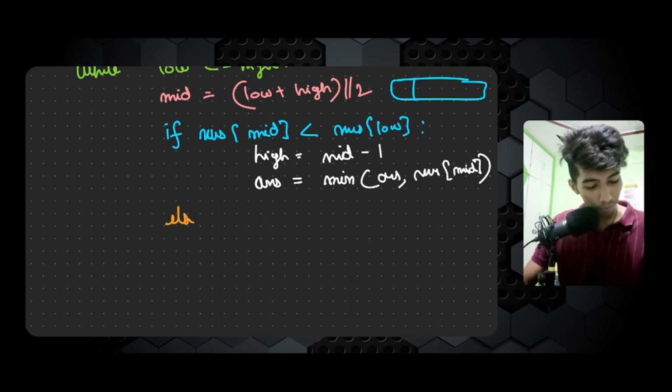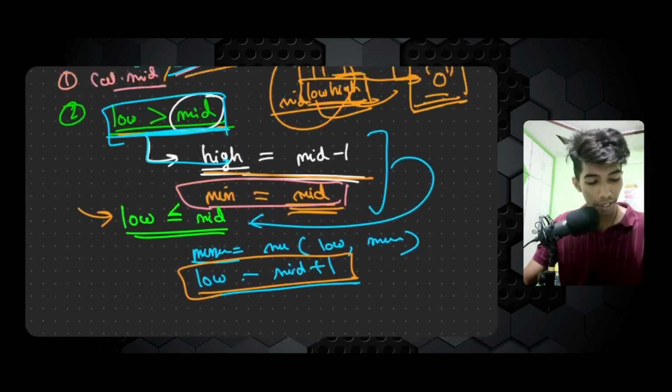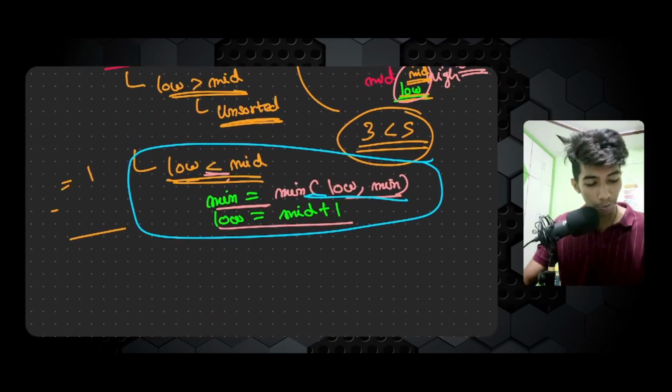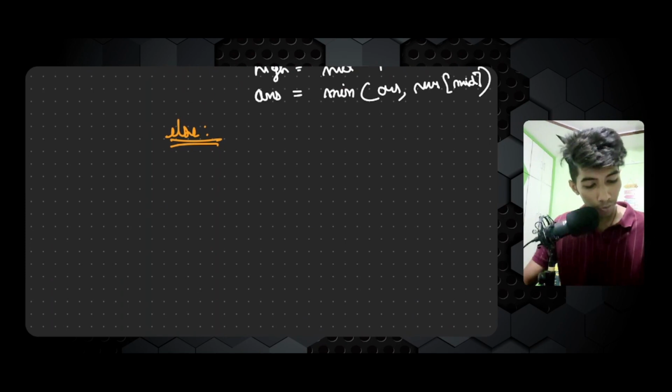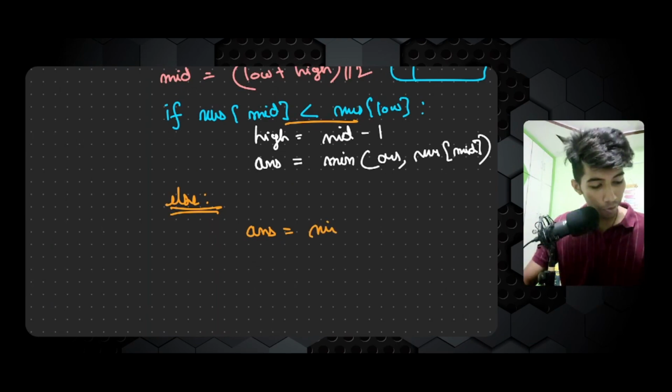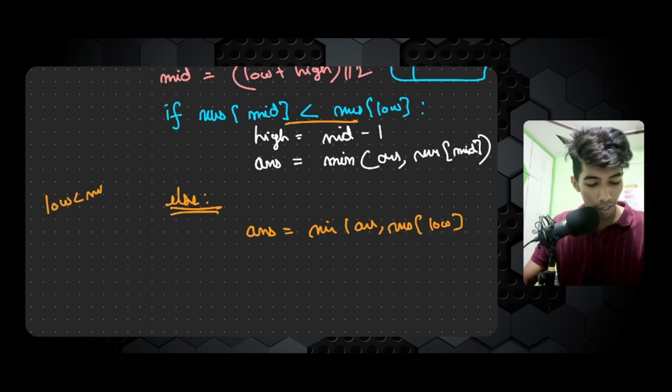Else, now in the else case we are considering both the lesser than and equal to cases. In the else we have to first write the minimum, so my answer will be nums of low, not mid, because my low is lesser than mid.